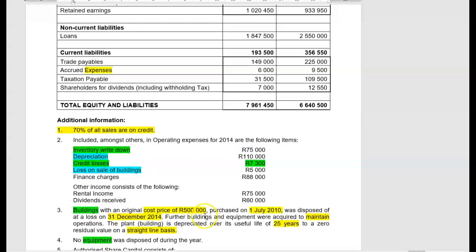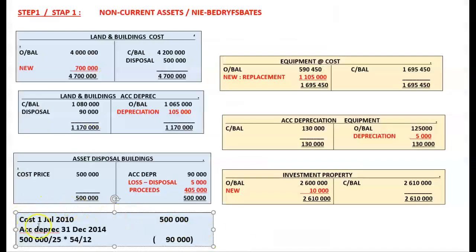Now, in order to determine what was the proceeds of the sale of the building, we have to take out the cost price and the accumulated depreciation as at the date of sale. So the cost price of that building on 1 July 2010 was 500,000.